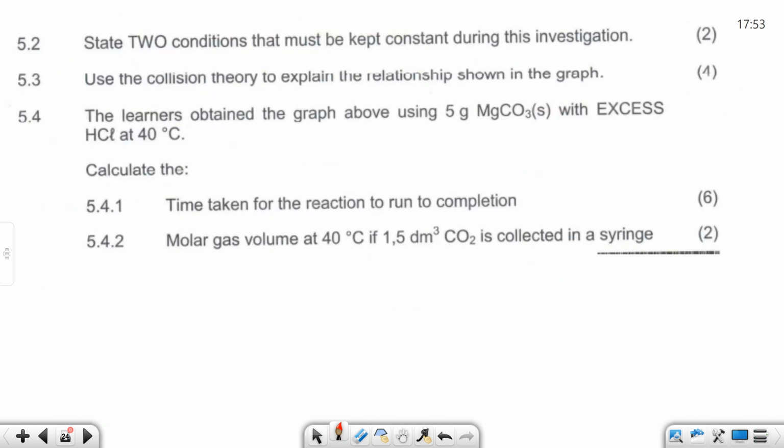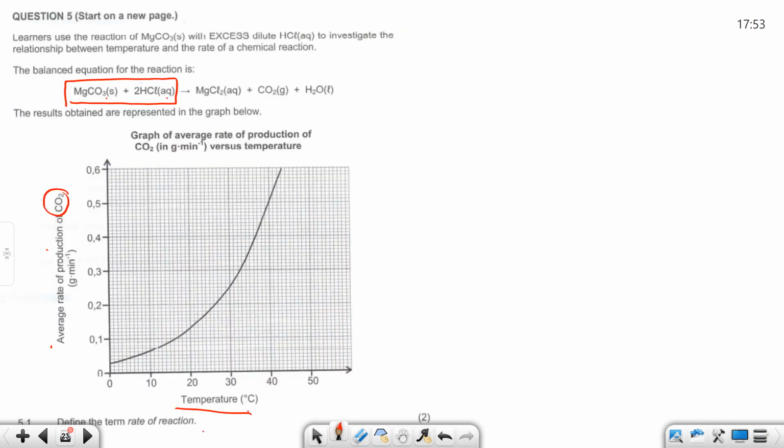Okay, let's quickly go on here. The learners obtain the graph using, now this is stoichiometry. And I see this stoichiometry as 6 marks. All right. The learners obtain the graph above using what? 5 grams of that with excess HCl at 40. I think there's something at 40. Okay.